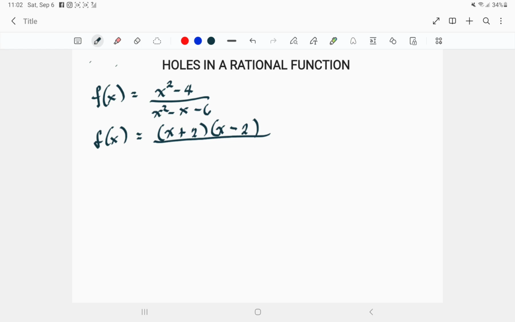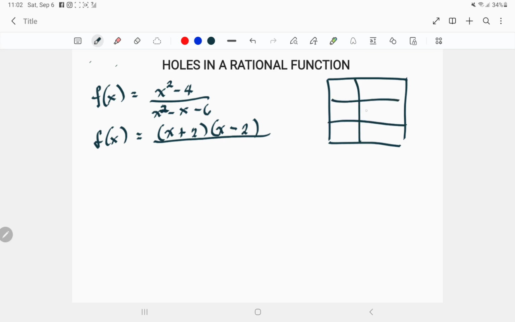While in the denominator, you have x squared minus x minus 6. It is a quadratic trinomial. So we factor the quadratic trinomial, and I usually do it this way. We have x squared minus x minus 6. What are the factors of x squared?